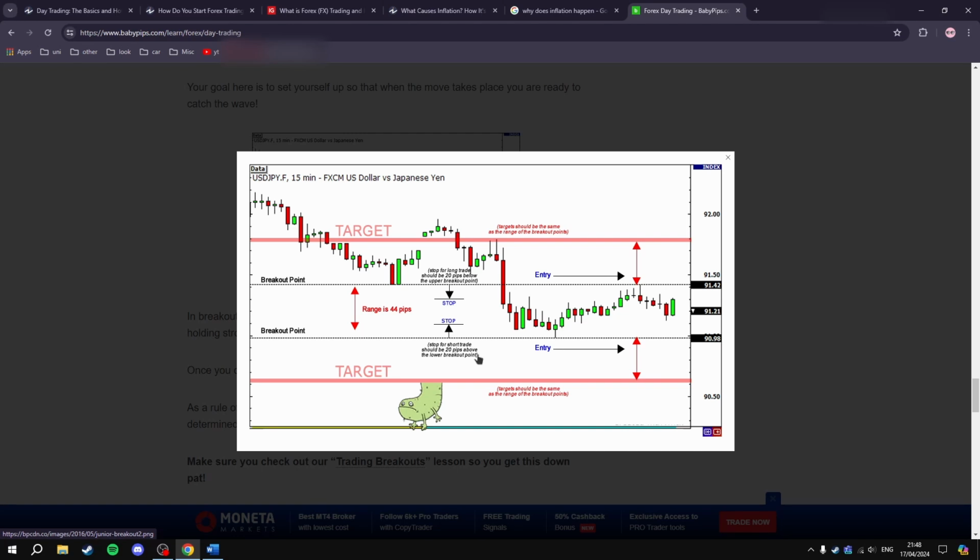Stop for a short trade should be 20 pips above the upper breakout point. Targets should be the same as the range of the breakout price, so this is 44 pips as well. Place our entry points just a bit above the resistance and a bit below the support. We can see the price has been bouncing between these two lines.